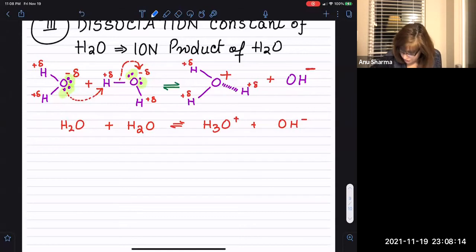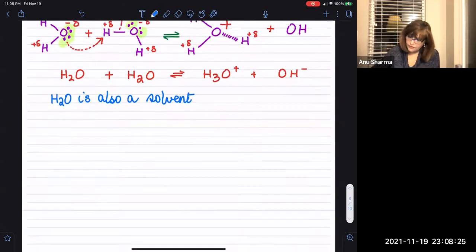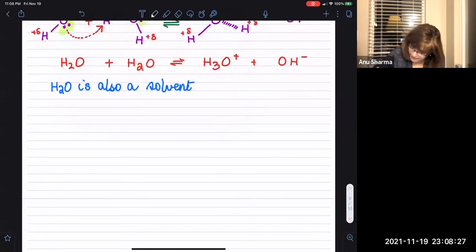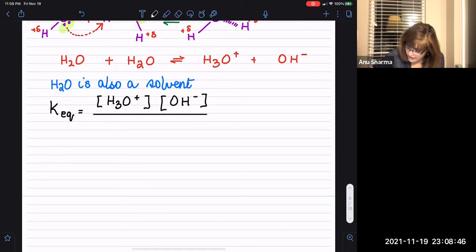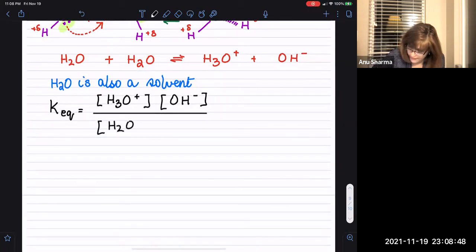So same story, H2O is also a solvent. Okay, so let's first write down the equilibrium equation. K equilibrium is equal to the concentration of hydronium ion, positive charge, times the concentration of OH ions, negative charge, over the concentration of H2O times the concentration of H2O.